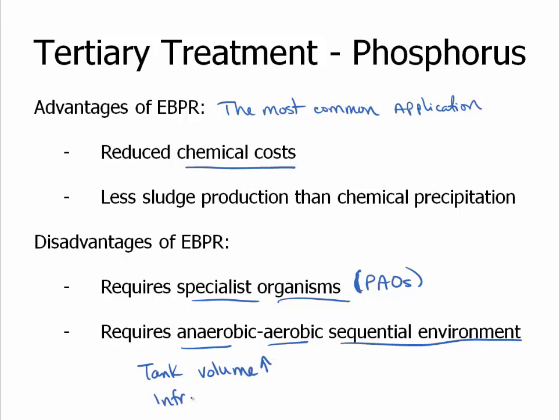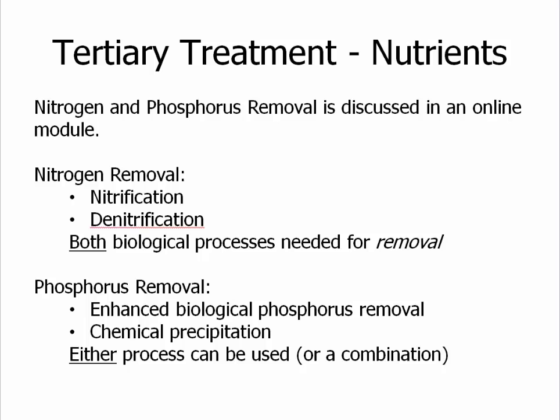To summarize this module, nitrogen is removed with two biological processes called nitrification and denitrification. Ammonia goes to nitrite, goes to nitrate in nitrification. In denitrification, nitrate goes to nitrogen gas, and this is where removal occurs.